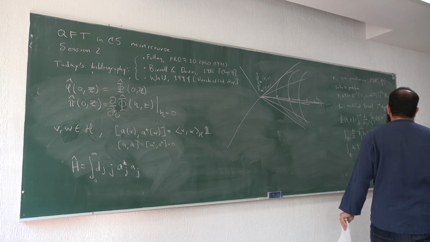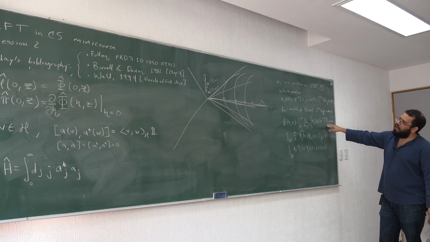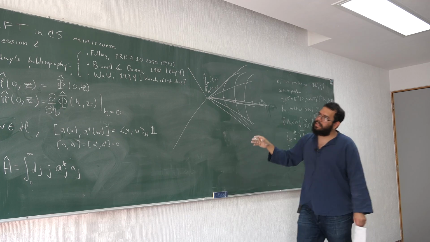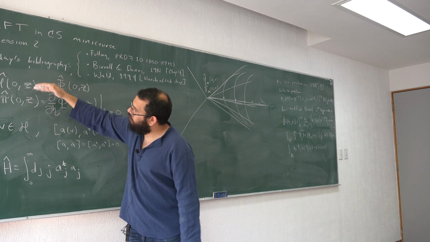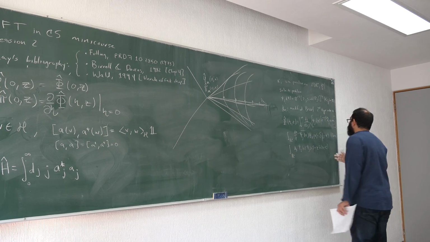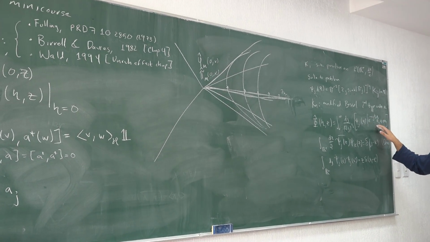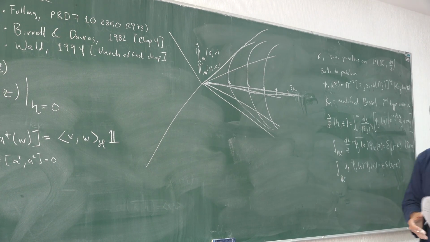So the first thing that I want to do is take this expression and from it get these two guys, phi and p, as operators on a slice, and invert the relation in order to obtain the annihilation operators in terms of them too, okay?